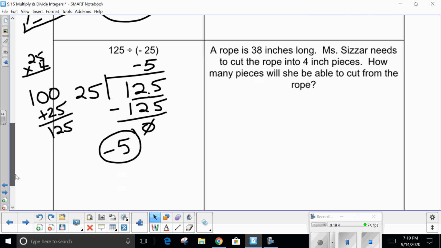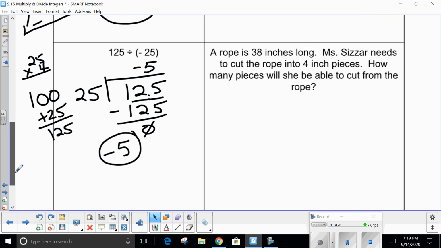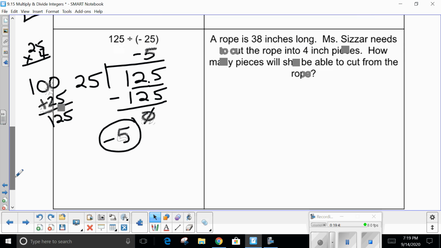Okay, so a rope is 38 inches long. Miss Scissor needs to cut the rope into 4-inch pieces. How many pieces will she be able to cut from the rope?